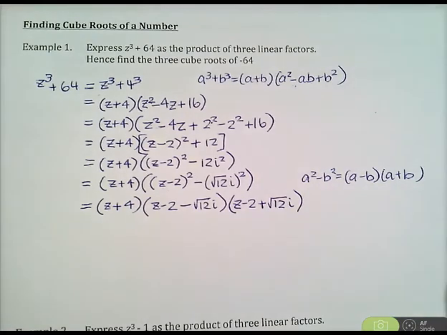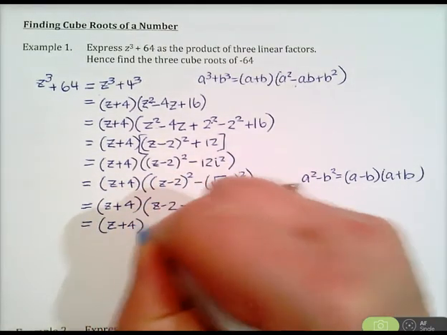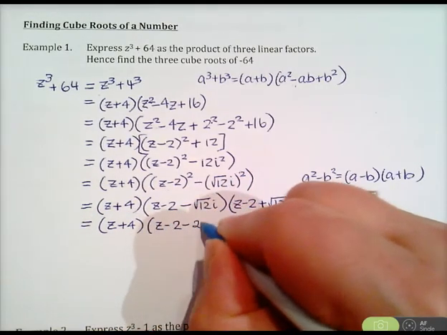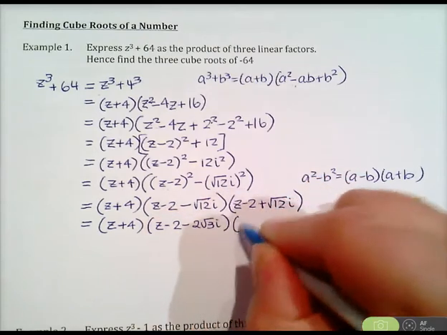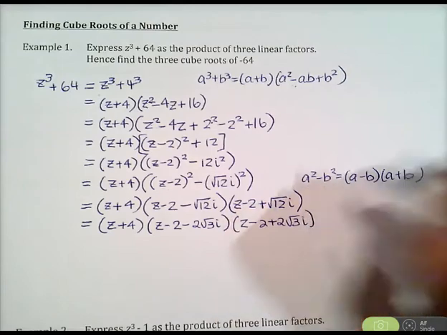Now, root 12 can be written as root 4 times root 3, which is 2 root 3i. So let's do that. So z plus 4, then we've got z minus 2 root 3i, and z minus 2 plus 2 root 3i.